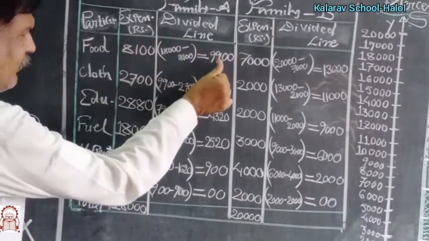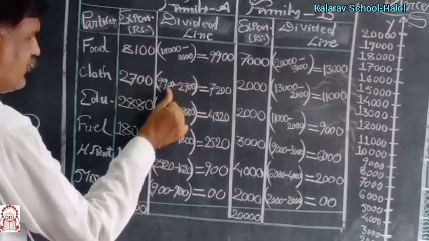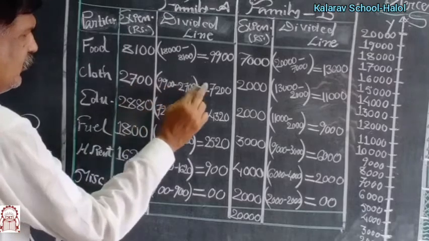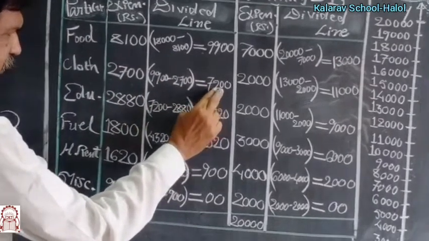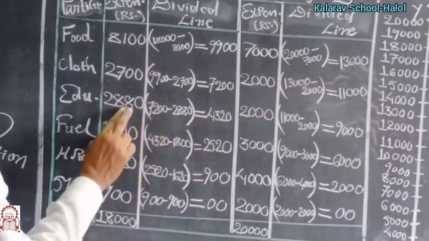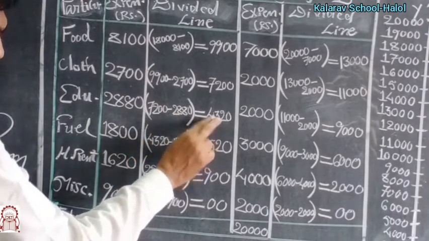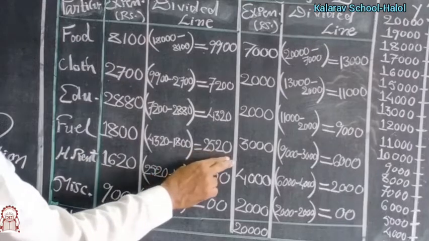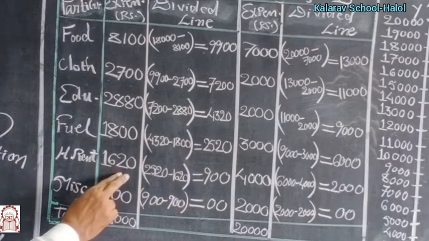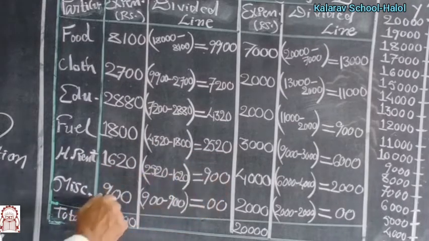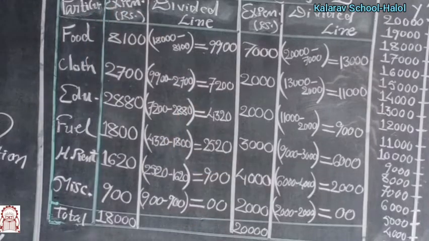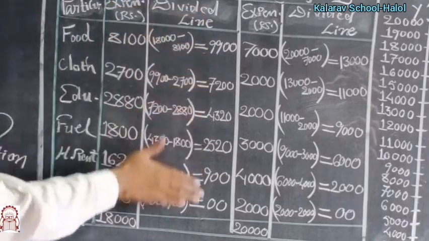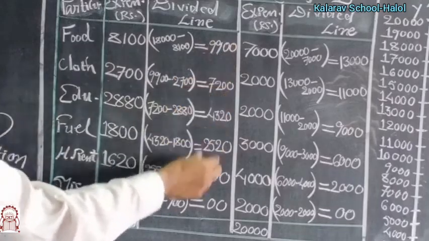Take this number, 9,900 minus 2,700, the answer is 7,200. 7,200 minus 2,880 is 4,320. 4,320 minus 1,800 is 2,520. 2,520 minus 1,620 is 900. And 900 minus 900 is 0. This is the calculation for family A.